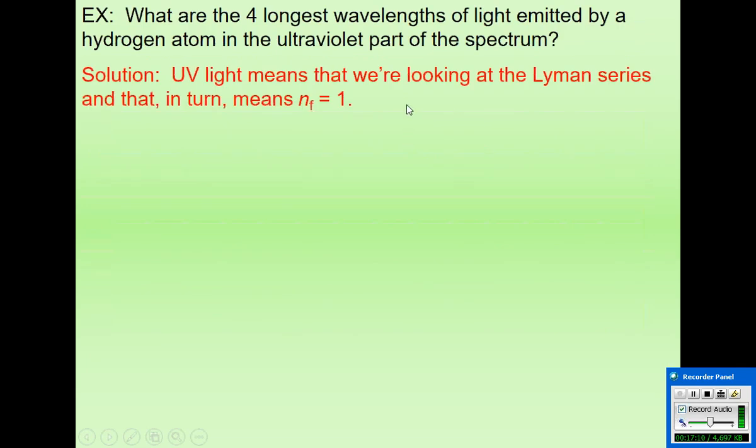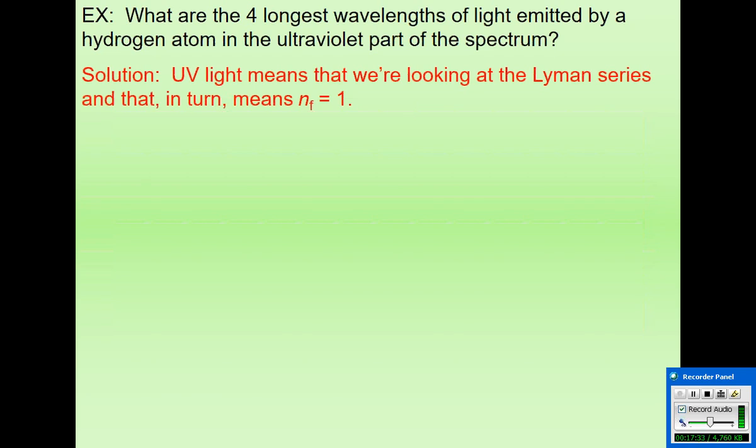Let's do a little calculation in the Lyman series. What are the 4 longest wavelengths of light emitted by a hydrogen atom in the ultraviolet part of the spectrum? Now, ultraviolet means Lyman series. We are restricted to that because that is the only series that gives us the ultraviolet light emitted by hydrogen.